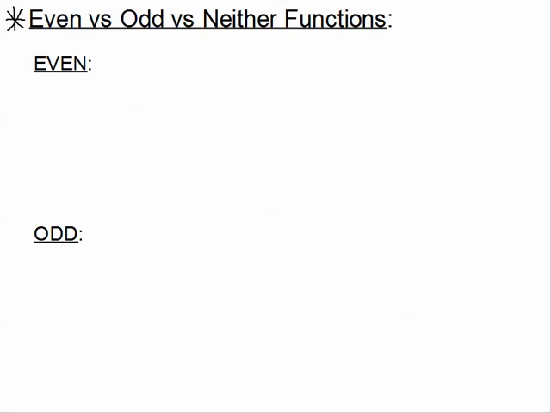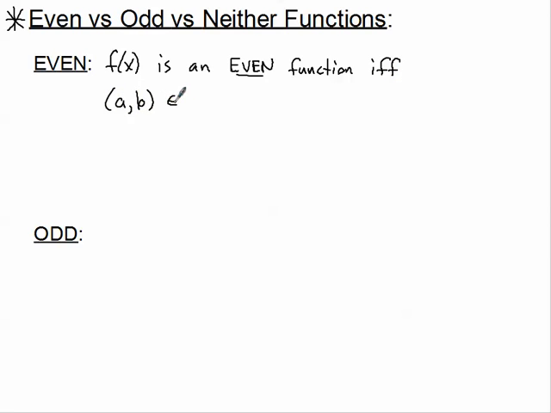A function will be either even or odd, and if it's neither of those, then we call it neither. f(x) is an even function if and only if, you remember this abbreviation from geometry, a point (a, b) is an element of f(x), and if that's true, then (-a, b) will also be on our function.